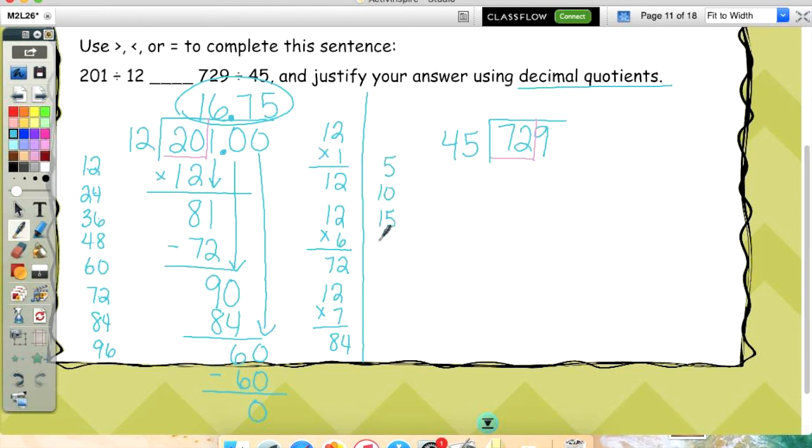I'm going to do 5s, because I don't know what's coming. I know this is going to have a decimal. I don't know how far out I'm going to have to take it. Okay, so which one's closest? 50. So I'm going to do 45 times 1. Don't accidentally write a 50 there.